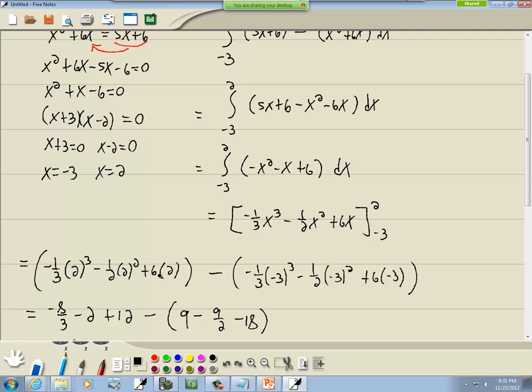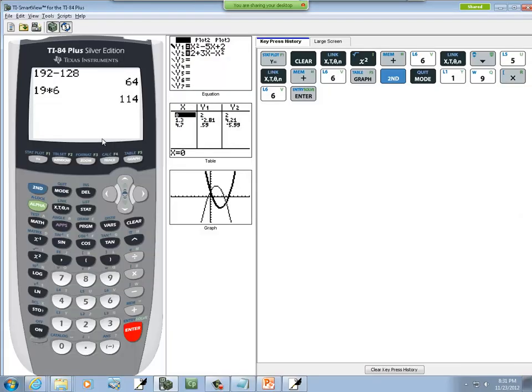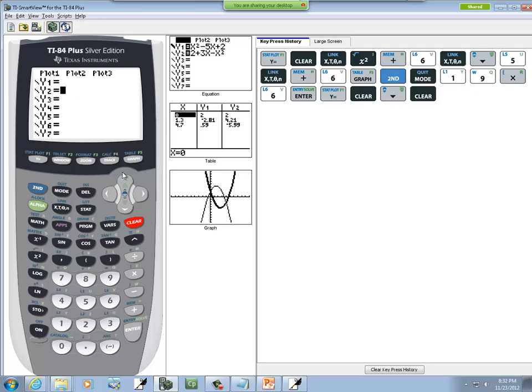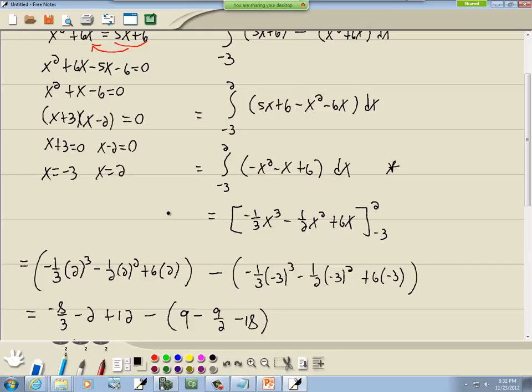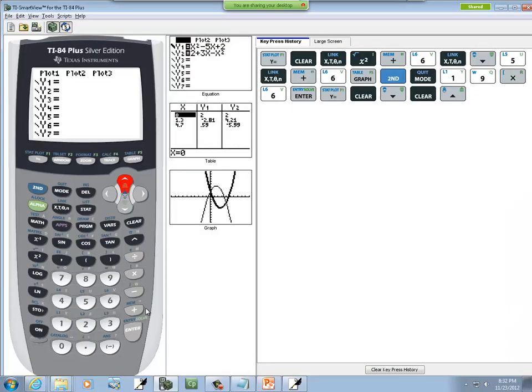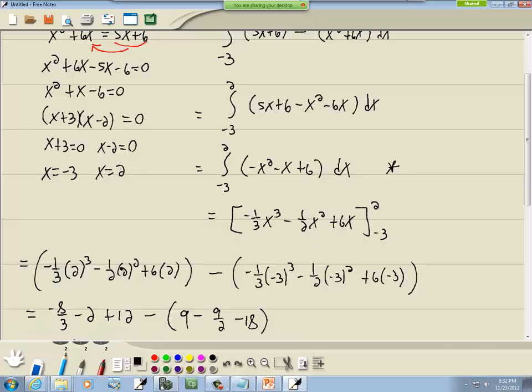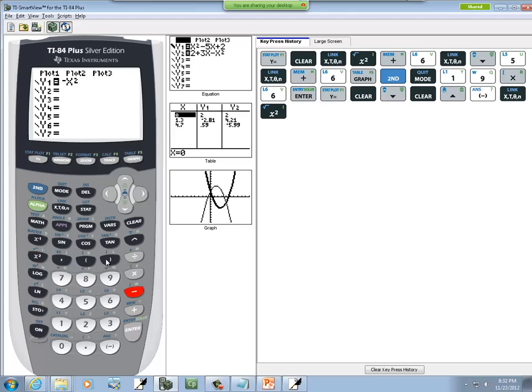Let's check this. I'm going to come back up here. I'm going to plug this one in. Hopefully I'm getting down to that point. Press Y equals, press clear. I got to clear out Y2 also. Okay, so on Y1, we're going to put negative x squared minus x plus 6.